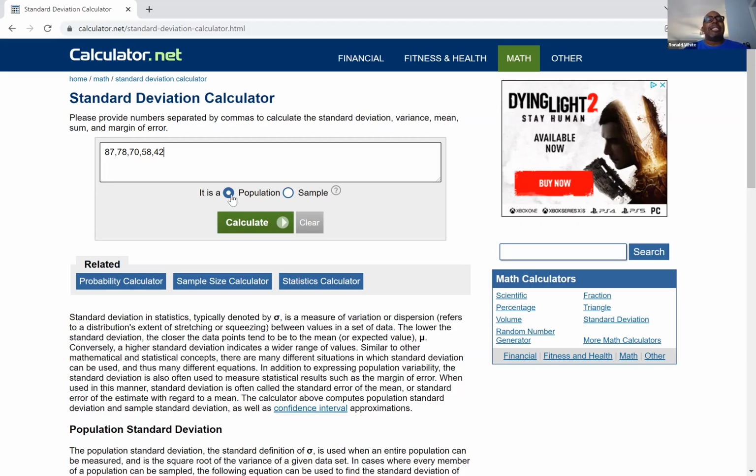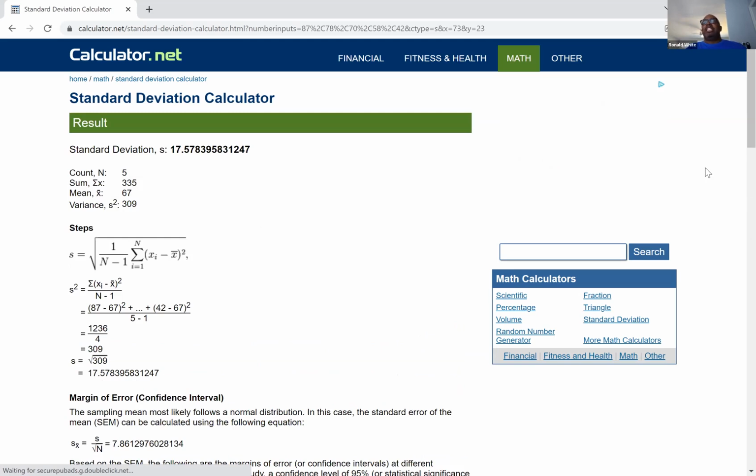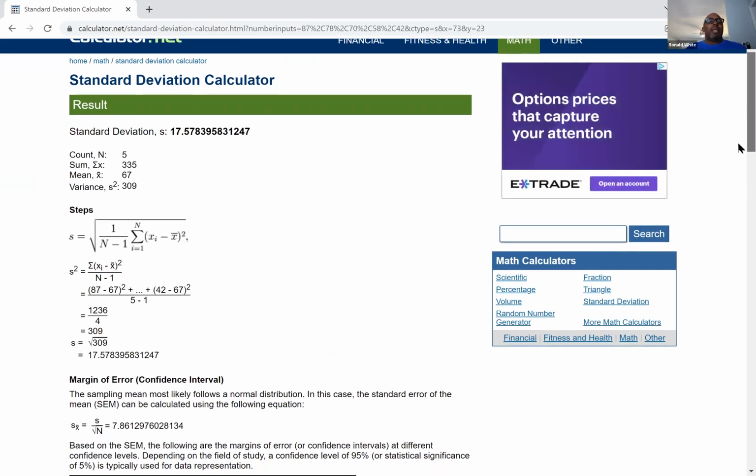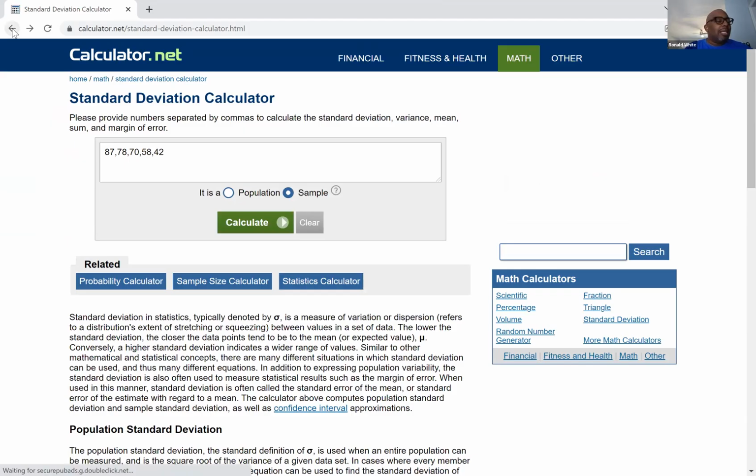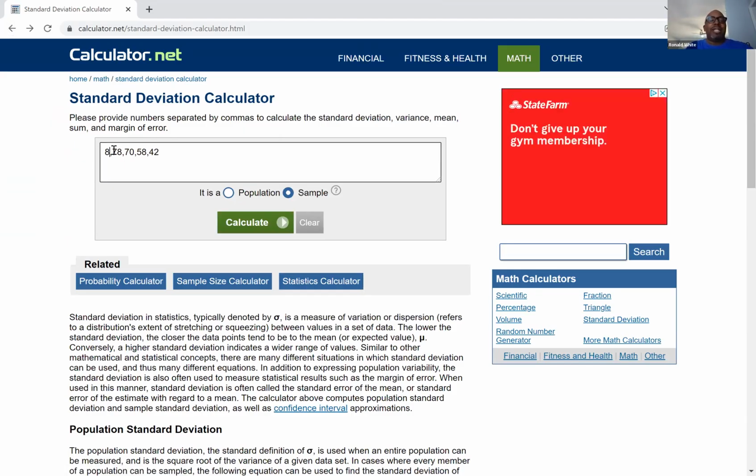Now, it's asking us, do you want the standard deviation of the population or do you want the sample? What's the answer? We want the sample. So I click sample and then I say calculate. It gives me all of those funny looking symbols, but it tells me that the standard deviation for Charles is 17.57, which means I think I wrote the numbers down wrong because that doesn't look right. So let me do it again. Oh, I wrote 87, but I should have written 82.